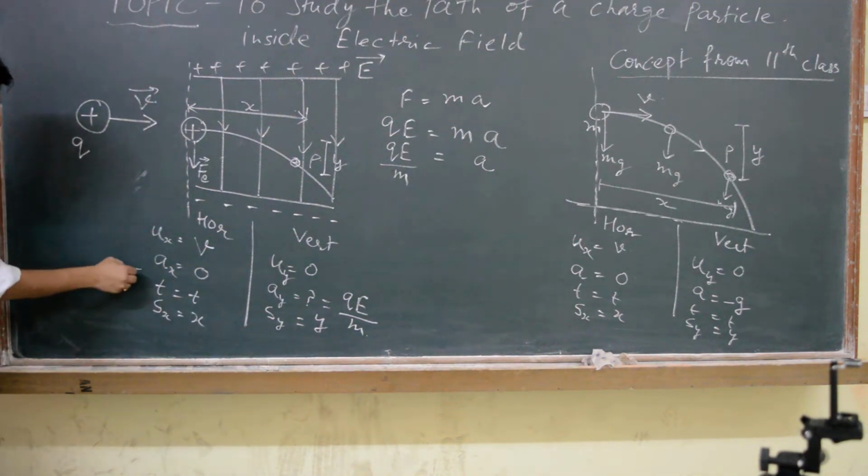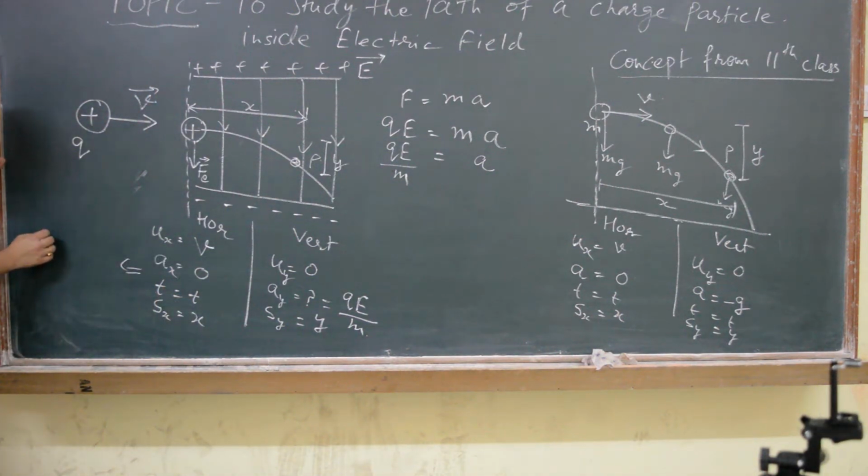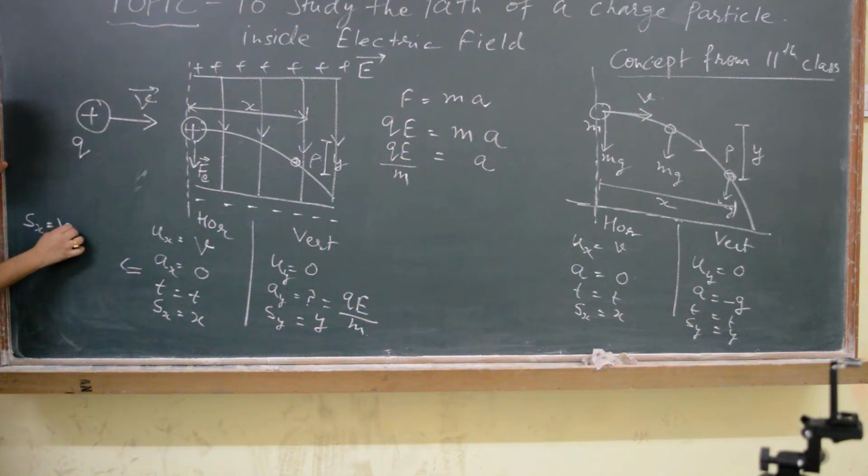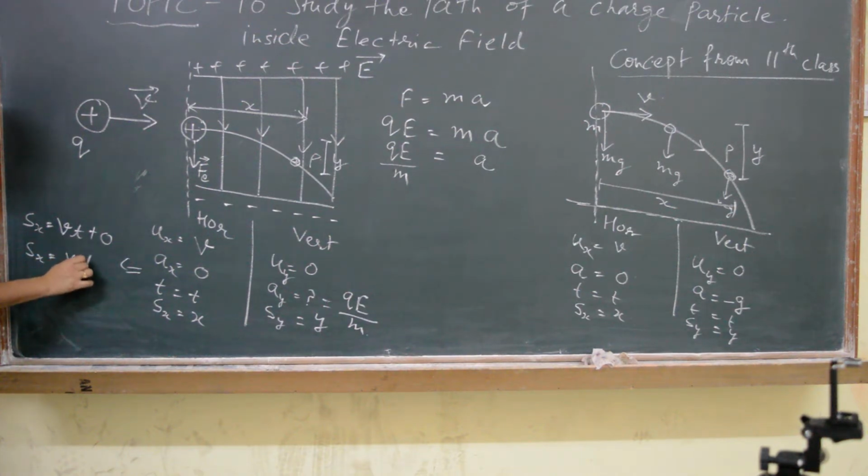From the horizontal motion, if we apply the equation s is equal to ut plus half at square, that means v into t plus acceleration, which is 0. Everything else will be 0. That means sx, which we have taken as x, is equal to vt. This is the first equation.